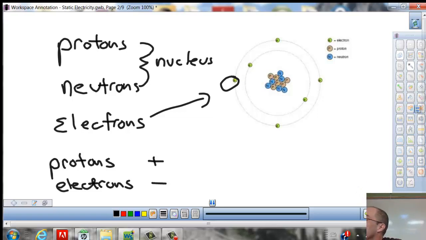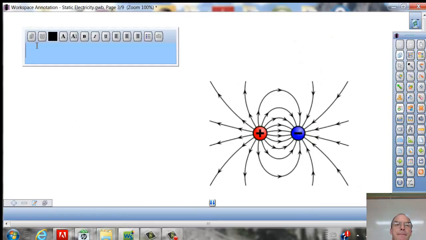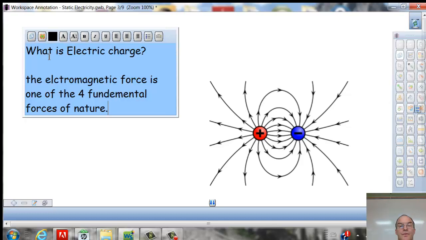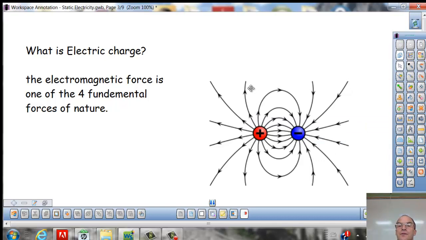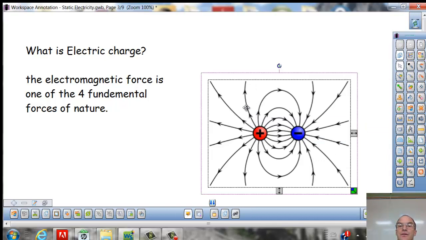So, what's an electric charge? The first thing we have to ask ourselves is, what is electric charge? Electric force is one of the four fundamental forces of nature. Any charged particle gives off an electric force in the form of these field lines that essentially go off to infinity.